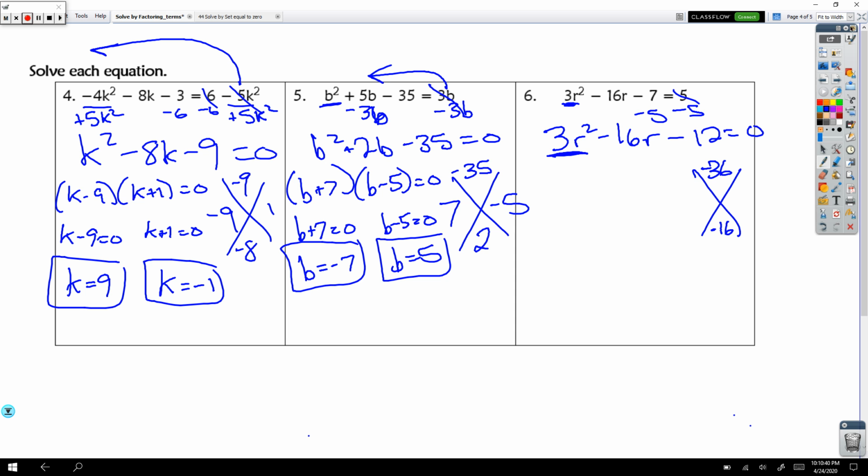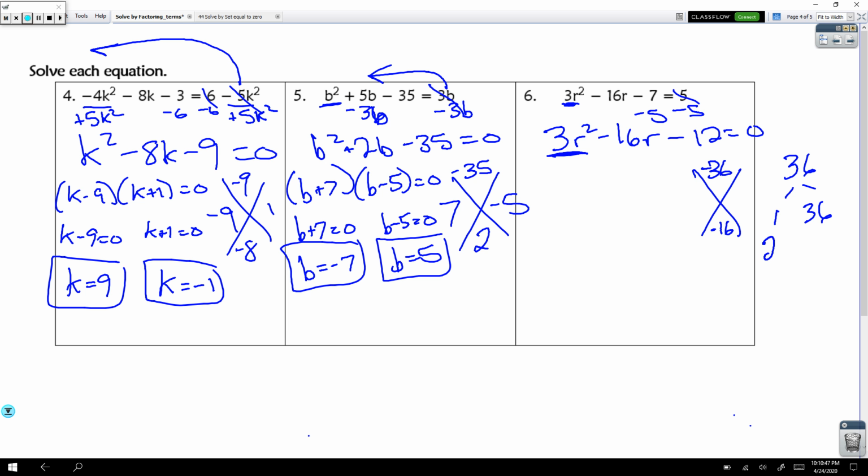So my factors of 36, 2 and 18, 3 and 12, 4 times 9, 5 doesn't work, and then we have 6 times 6. So only way I can see to get 16 is using the 2 and the 18. I need it to be negative when I add, though, so that means the bigger number is negative.